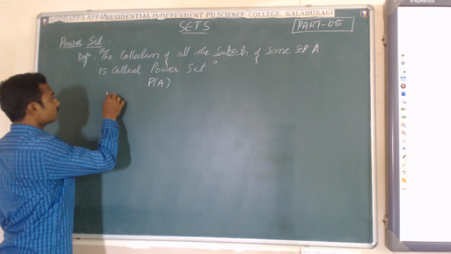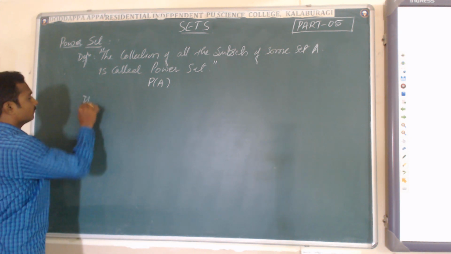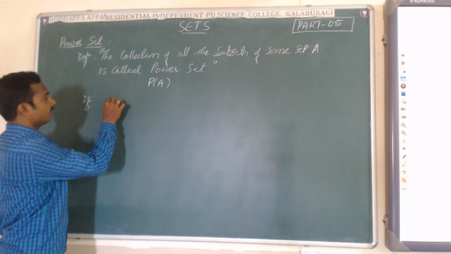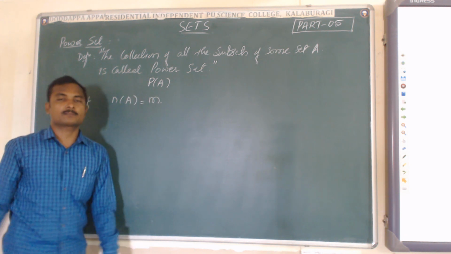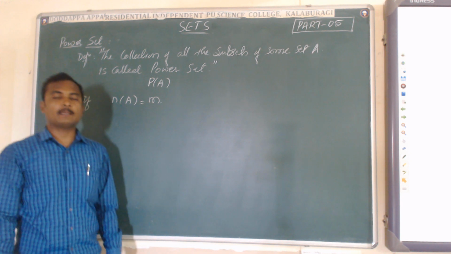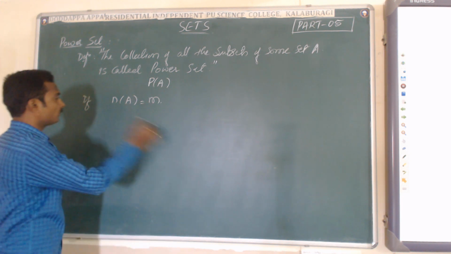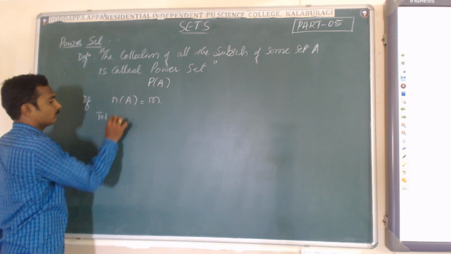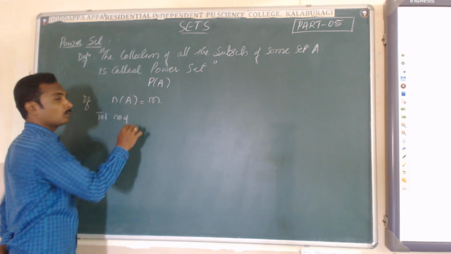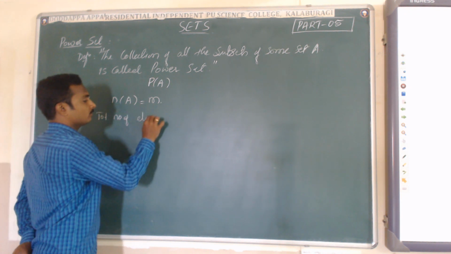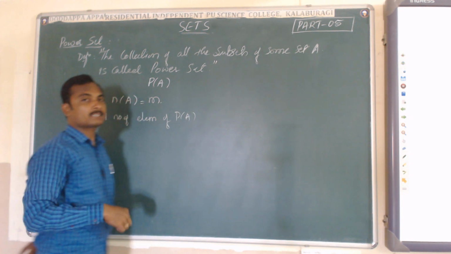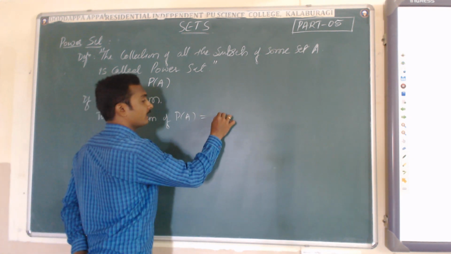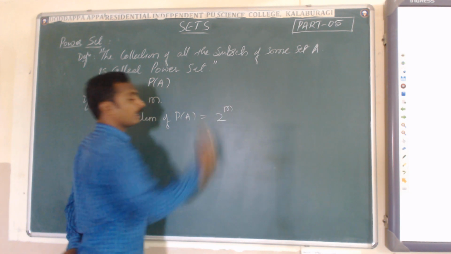And if a set contains m number of elements, then the total number of elements of the power set P of A is 2 to the power m.